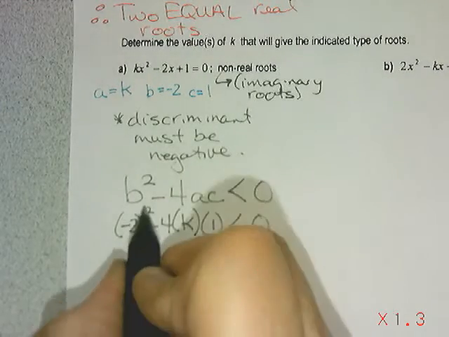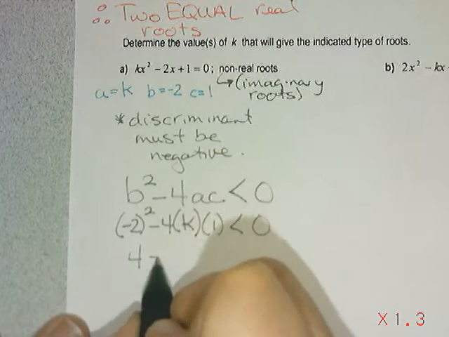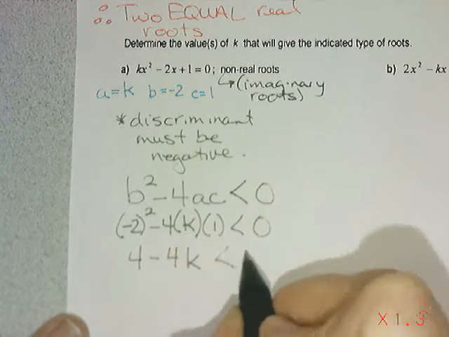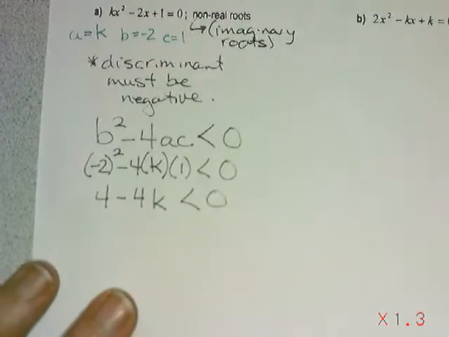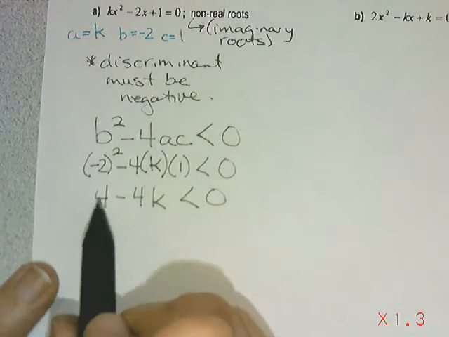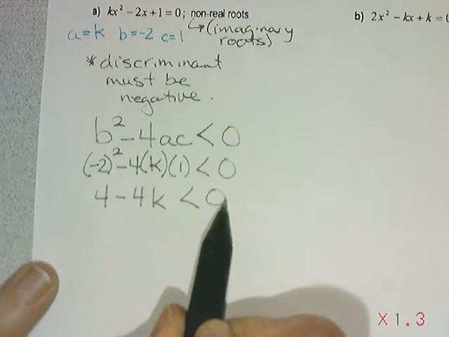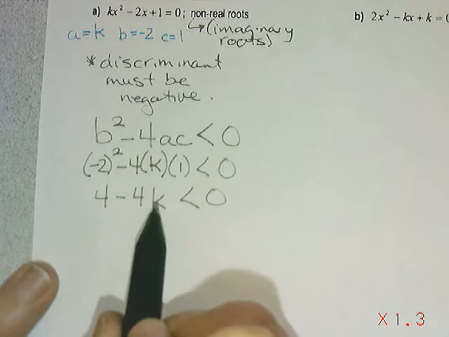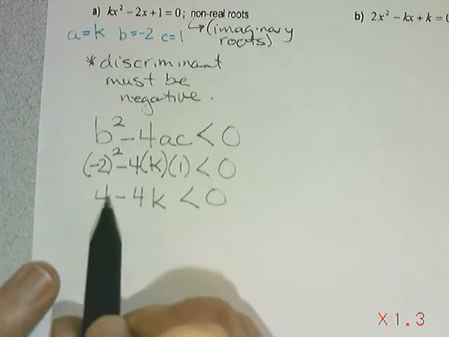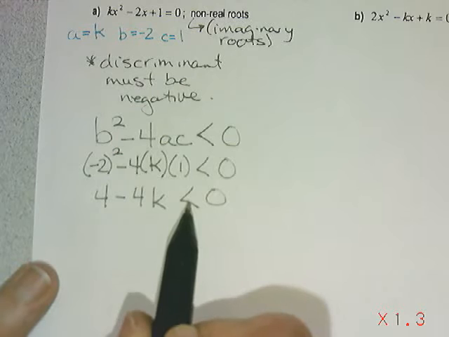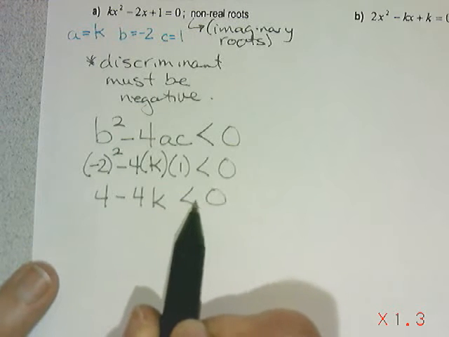So let's simplify this. This is 4 minus -4 times a 1, that's 4k, is less than 0. Now you might look at that and by inspection you might say, well, 4 take away a mystery has to be less than 0. Well, if k was a 1, then I would have 4 minus 4 would be equal to 0. So that didn't satisfy this being less than 0.